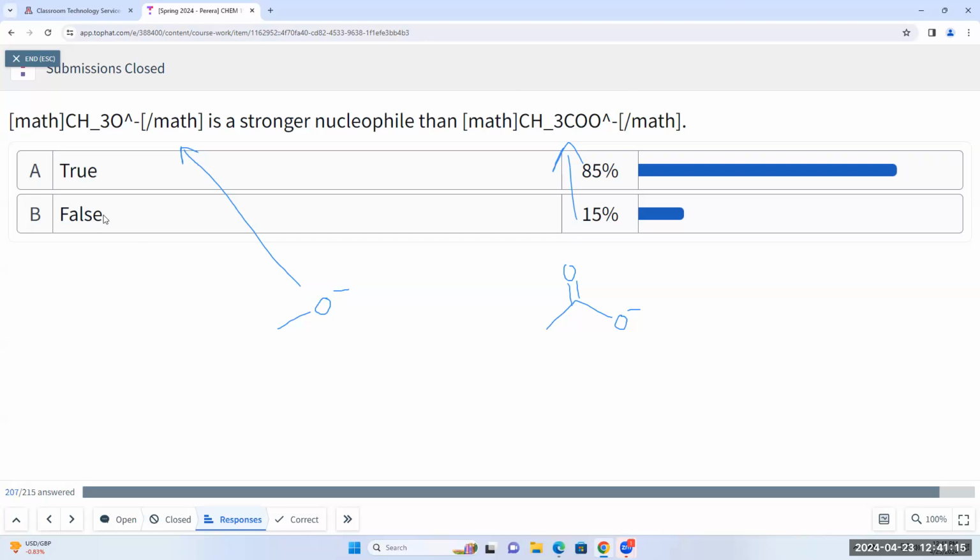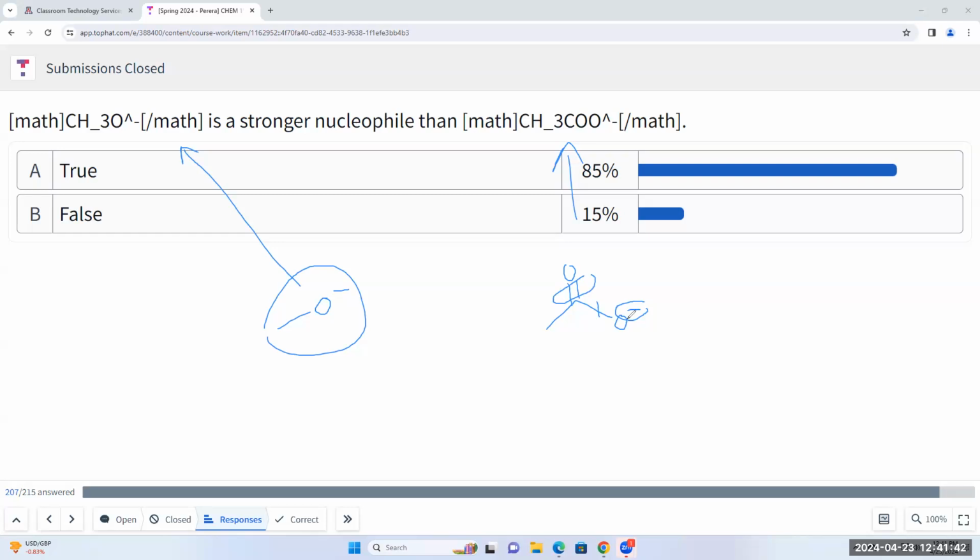Now, most of us said the CH3O minus, or this one, is a stronger nucleophile than the other. The reason is these electrons in the negative charge are delocalized because this negative charge is one bond away from a double bond. Because of that, those electrons are less available to attack an electrophile.